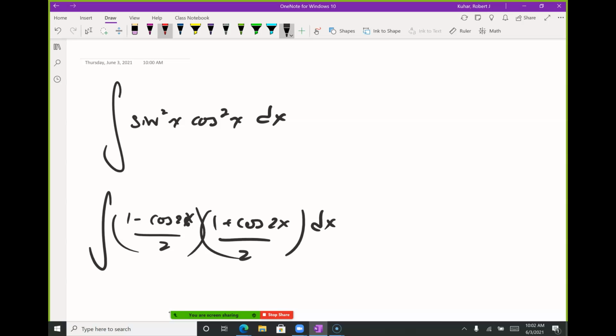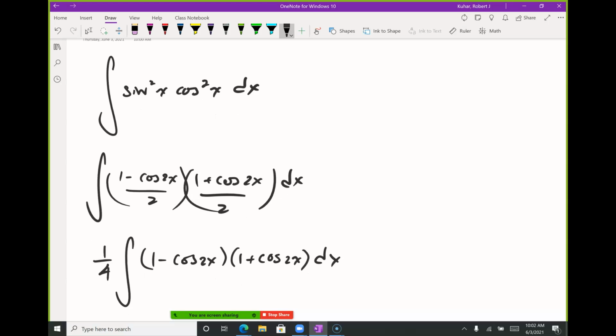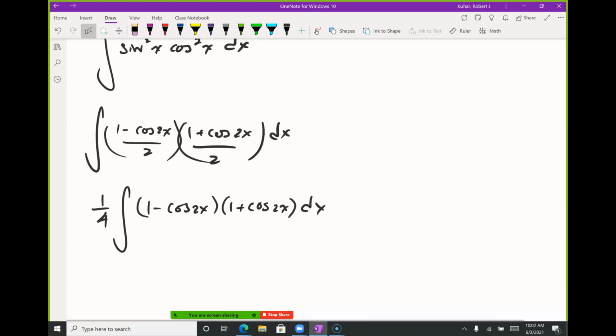So I power reduce both of them. You just don't have it memorized yet. It's okay, it's not a big deal. You will. Now I like this. I can bring out this 1/4, and then I have my old favorite from Algebra 1, the difference of squares, or a plus b times a minus b, conjugates if you will. And so I know the middle term is going to drop out. Yes, you with me?